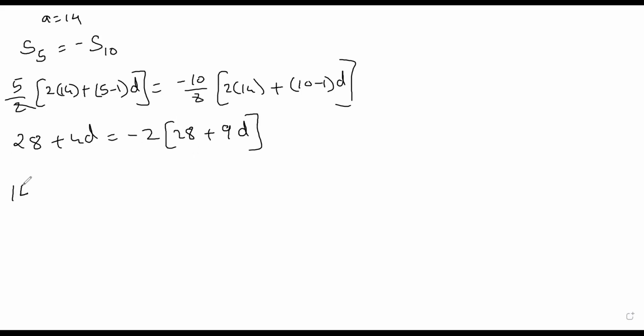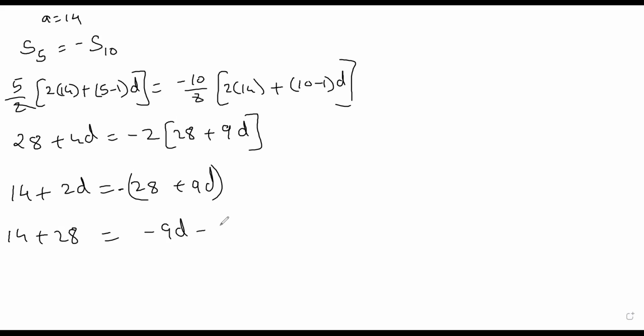If this 10 goes here, you will get 14 plus 2d, that is 28 plus 9d. But we have minus sign here. So 14 plus 28 is equal to minus 9d minus 2d. This is 42 is equal to minus 11d. So D will become minus 42 by 11.